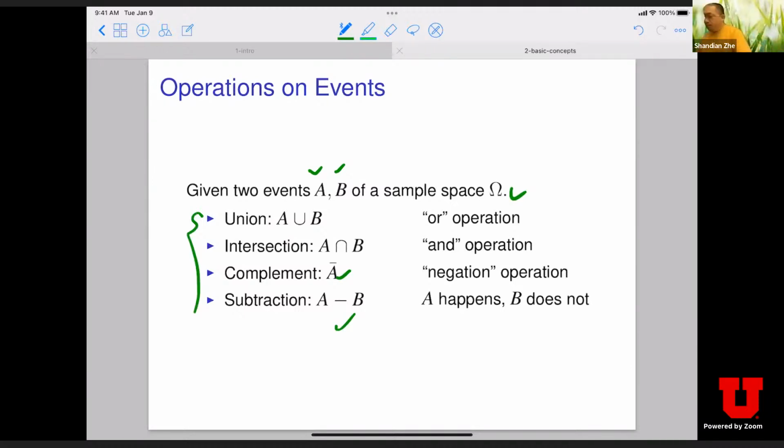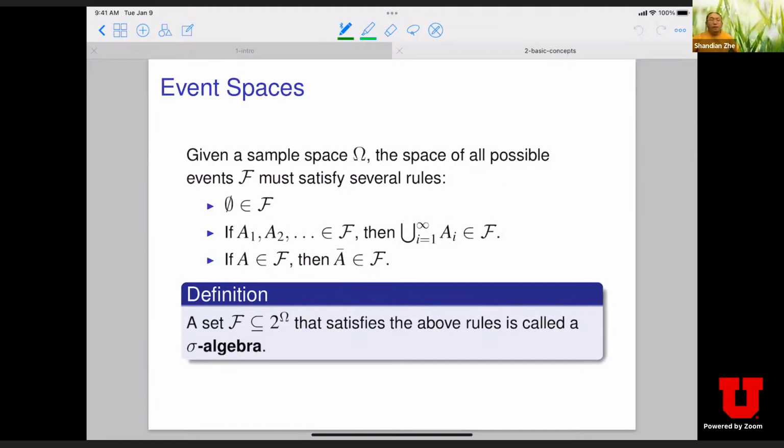All possible events, which form another set, is called the event space. So now I want to ask a question. Can I pick an arbitrary collection of events and define it as my event space?